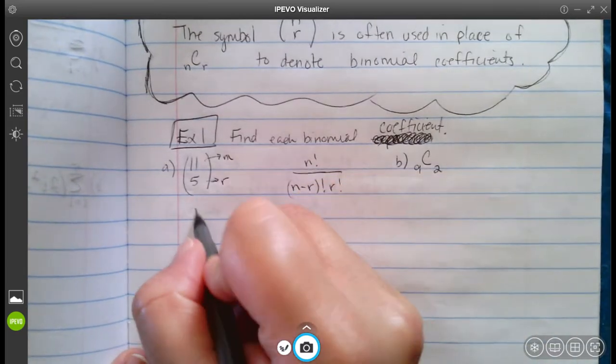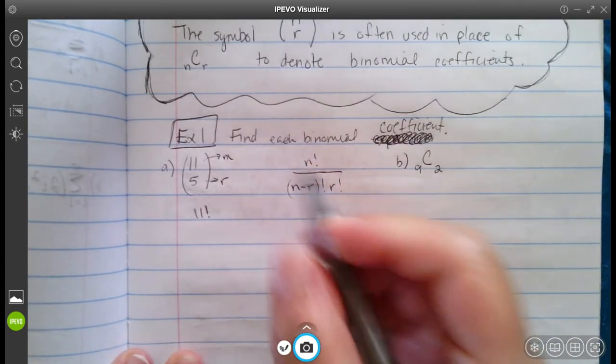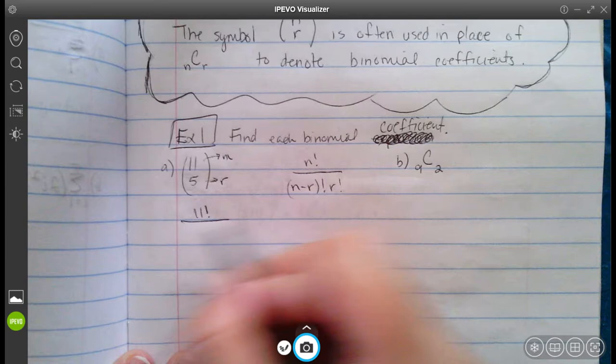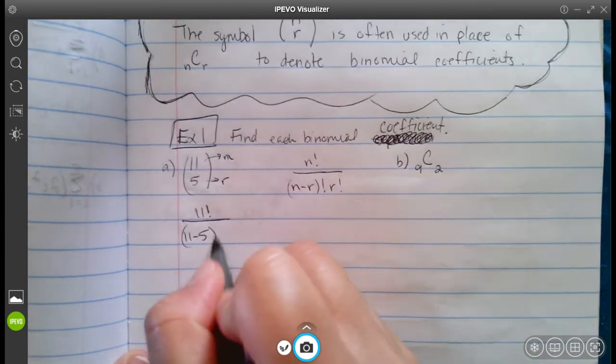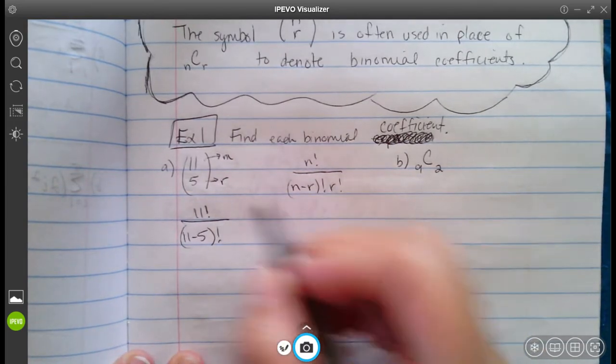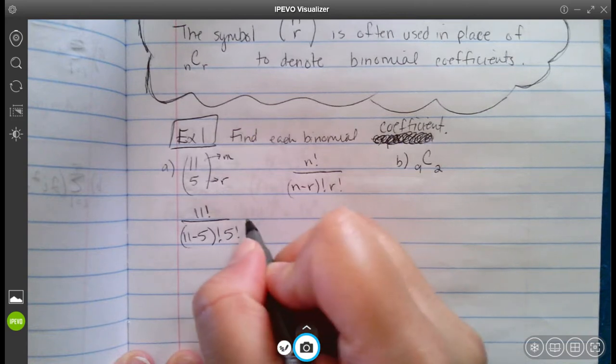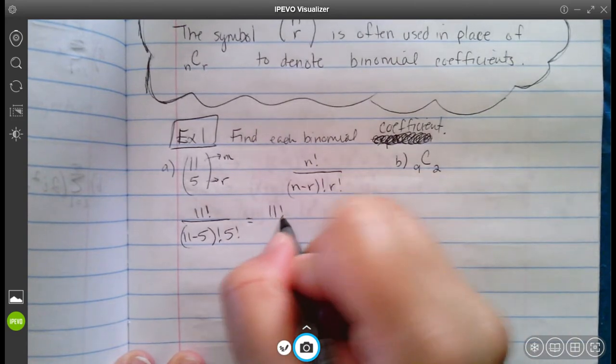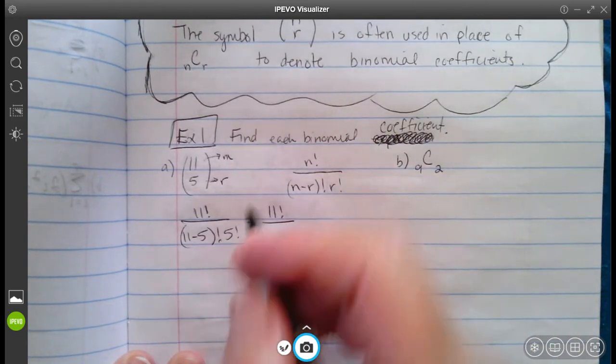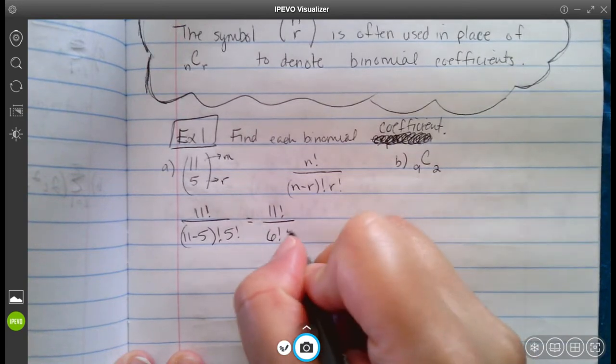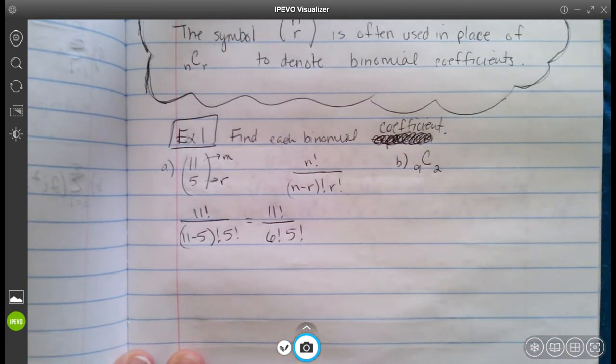My top number is 11 factorial. On the bottom, I have 11 minus 5 factorial times 5 factorial. Well, 11 minus 5 is 6, so 11 factorial over 6 factorial times 5 factorial.